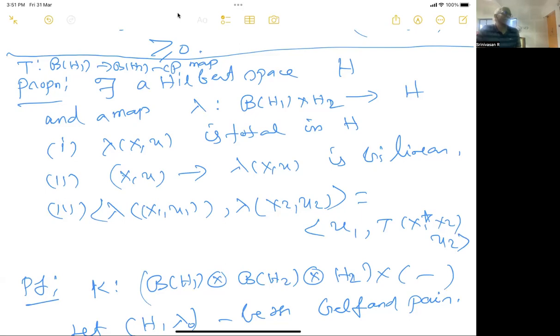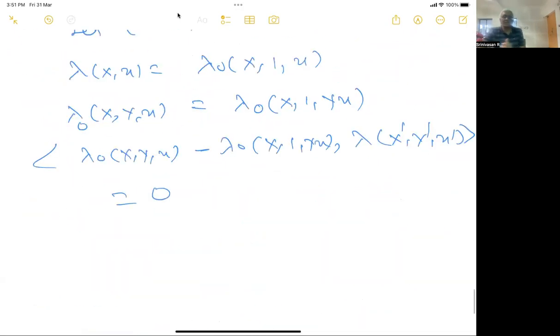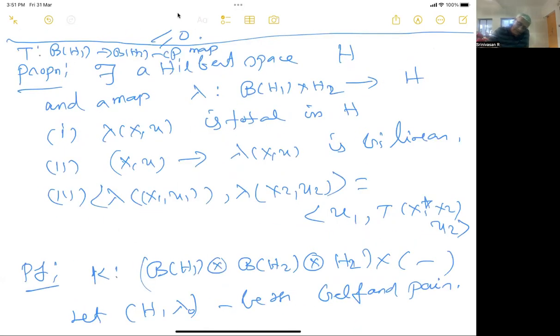So we have linearity, and this is true. For the isometry part, we need the unital property. You can define a V0.